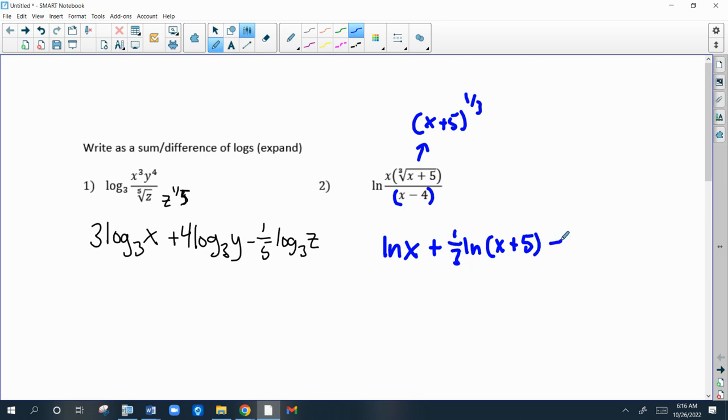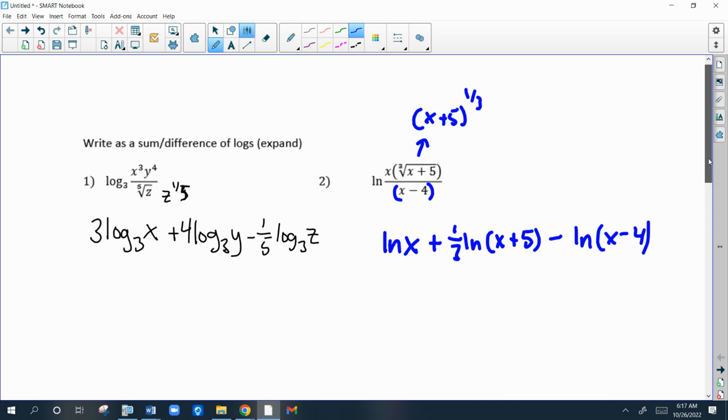And then minus, the x minus 4 is a single term on the bottom, or a factor you can call it. So it's minus natural log of the quantity x minus 4. Make sure you use the parentheses there, and that is it. So that's pretty easy. That's expanding.